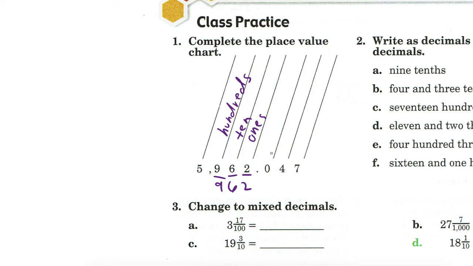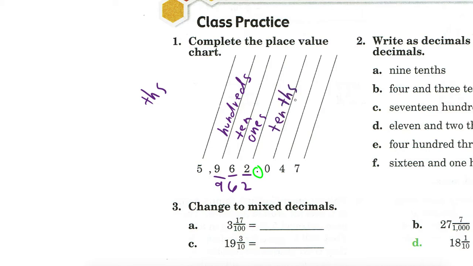All right, so we know that to the right of the decimal point here, we have the place values that end with the letters "ths", right? So 0 is the tenths place.